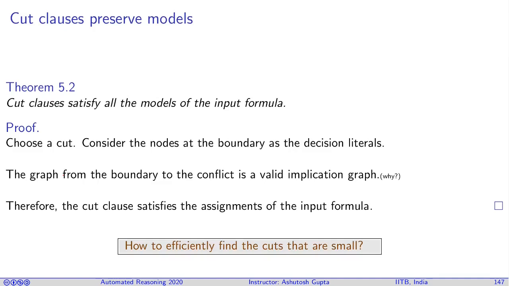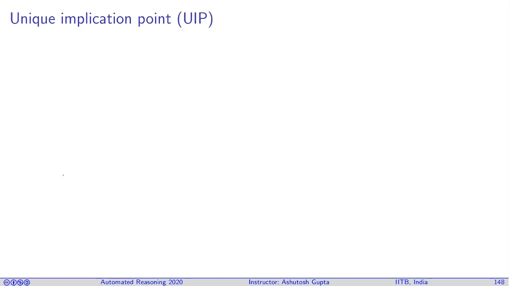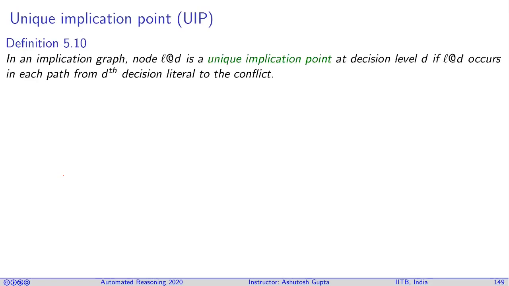So now the question comes, how to efficiently find the cuts that are small? There have been various proposals. One of the proposals is called unique implication points, and I will define what those are. Any cut involving those points is guaranteed to be short. So what is a unique implication point?